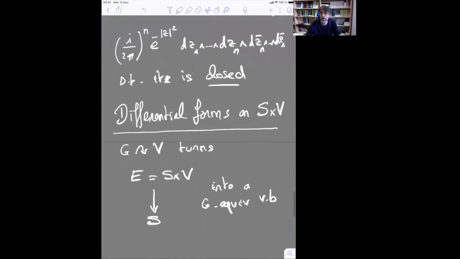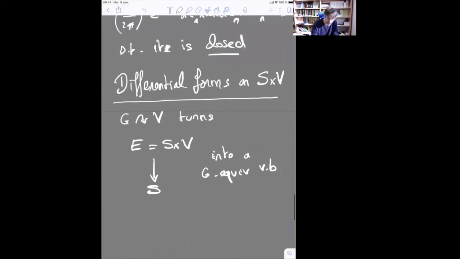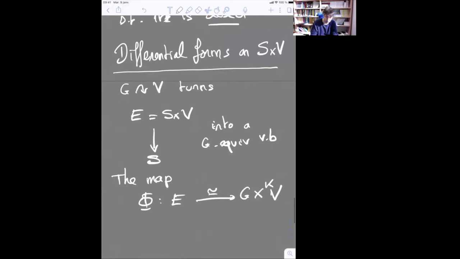So now it's a trivial bundle, but the G action is not trivial because I'm considering the diagonal action on E. G acts both on S and on V. And the map phi identifies this bundle. In a way, it's a way to trivialize the bundle which we just considered, G cross V mod K. You trivialize it using this map.